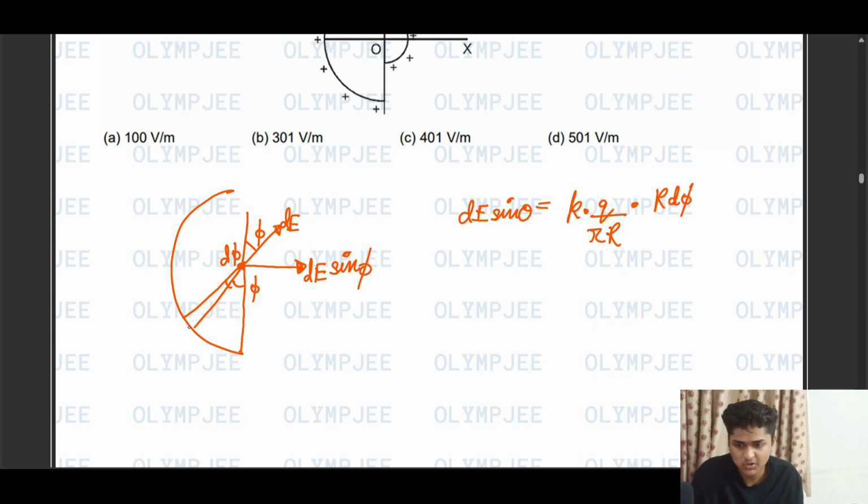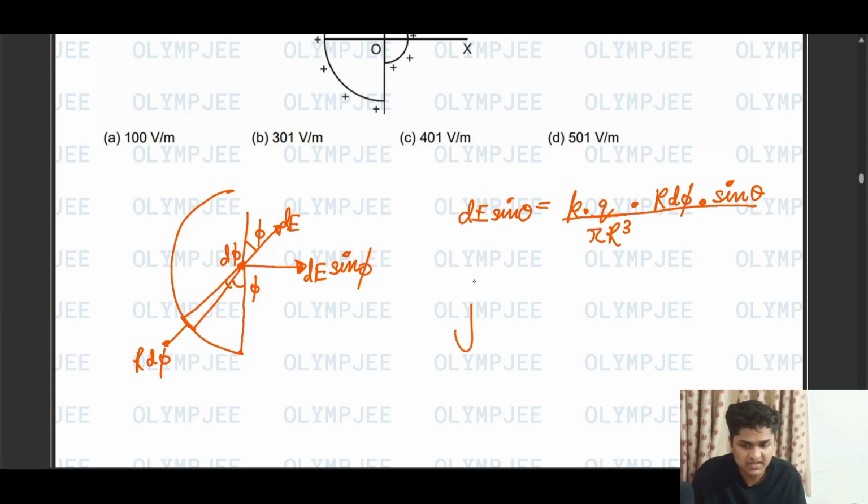The length of this small section is given as r d phi, multiplied by sine phi, whole divided by r square. So this will become r cube, and we can cancel 1 r from here.